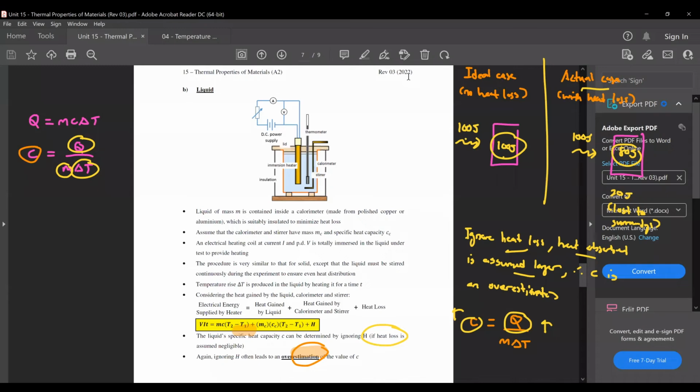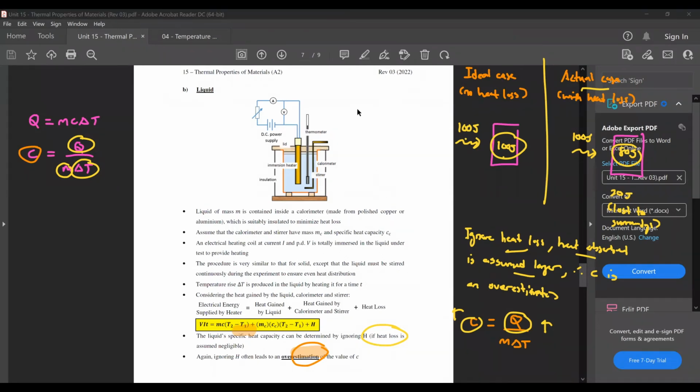Okay, so this is how you find specific heat capacity for a solid. Then after that, we move on to finding specific heat capacity for a liquid. Now, to find specific heat capacity for a liquid, it is generally the same as that of a solid, just that you need to make some adjustments. Now, you know that liquid doesn't have any fixed shape or form, right? So it cannot stand by itself.